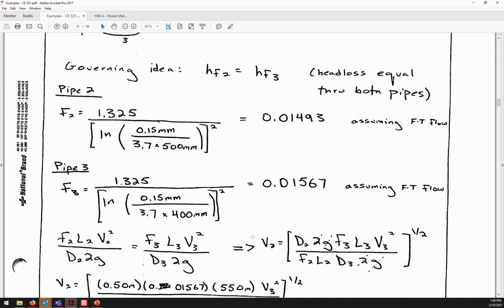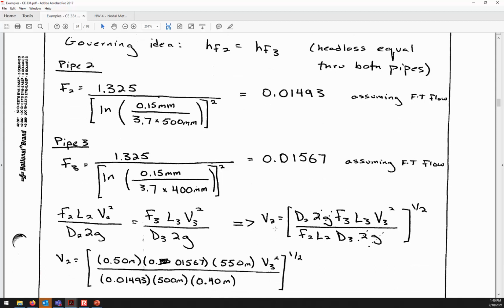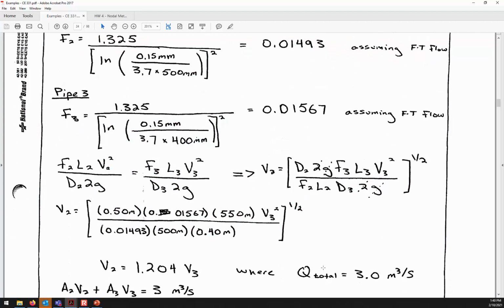You'll see I canceled out the like terms of 2g in the numerator and denominator, and then made the substitutions with the diameters, the F values, and the lengths. And I have to make sure I get that square root term because I'm finding V2. So V2 is 1.204 times V3.